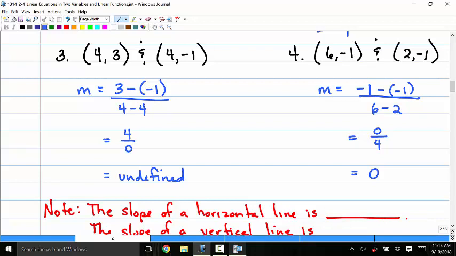Let's go graph these two lines that go through these points. On number 3, if I were to graph that, I would have the points (4, 3) and (4, negative 1).